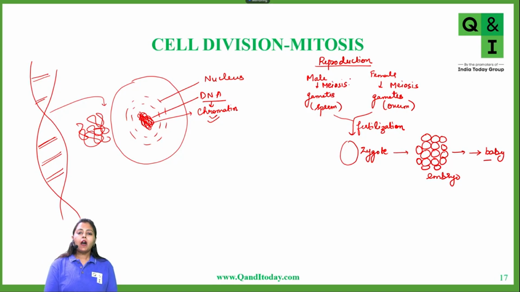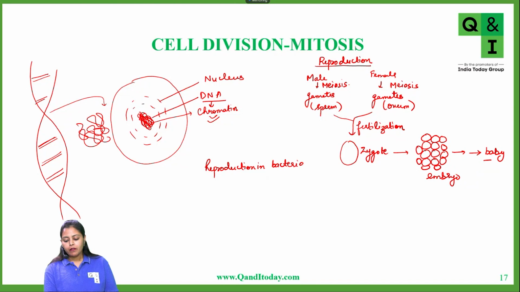However, when we talk about reproduction in lower organisms, for example reproduction in bacteria, or asexual reproduction in some other organisms, then what will happen?